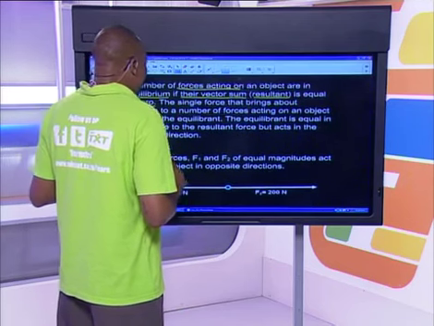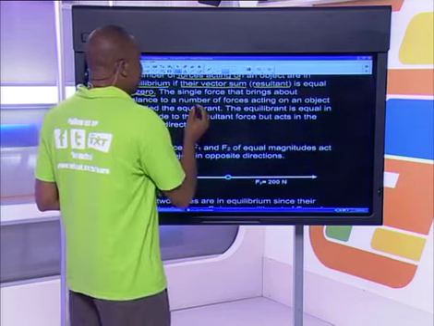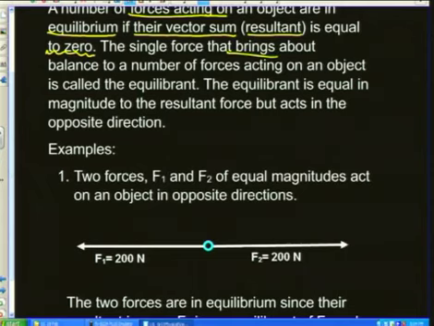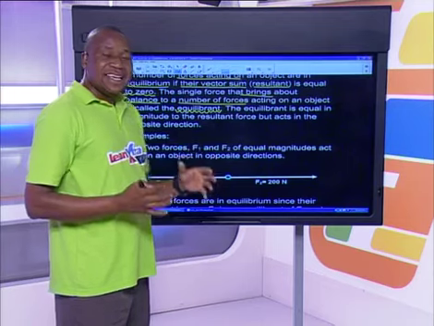Now, the single force that brings about balance to a number of forces acting together on an object is called an equilibrant. Okay? There is one of our keywords that I showed as we started. The equilibrant is a single force that brings about a balance to a number of forces acting together on an object.